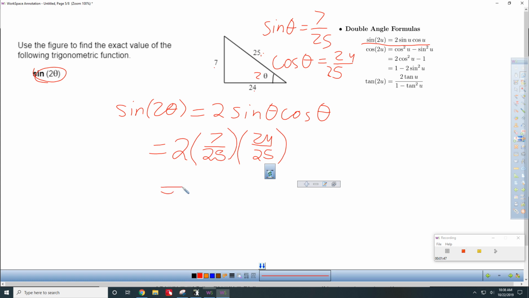If we plug that into a calculator, you get 336/625. So that's the answer, and that is equal to sine of 2 times this angle. Alright, next problem.